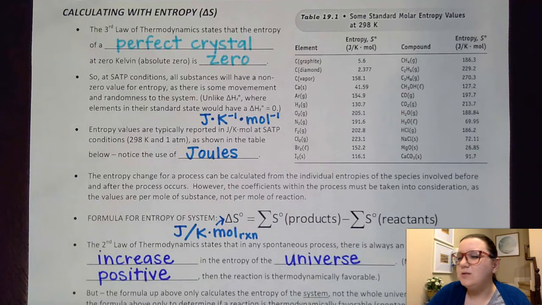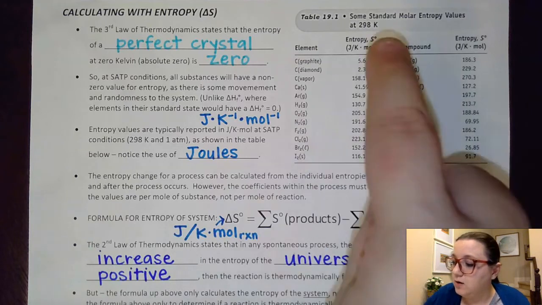But as soon as that temperature gets anywhere above absolute zero, you're going to start to see some motion in play, and you're going to start to get a range of energy values occurring within that substance. That would mean for anything above absolute zero, you are going to have a non-zero value for that entropy.